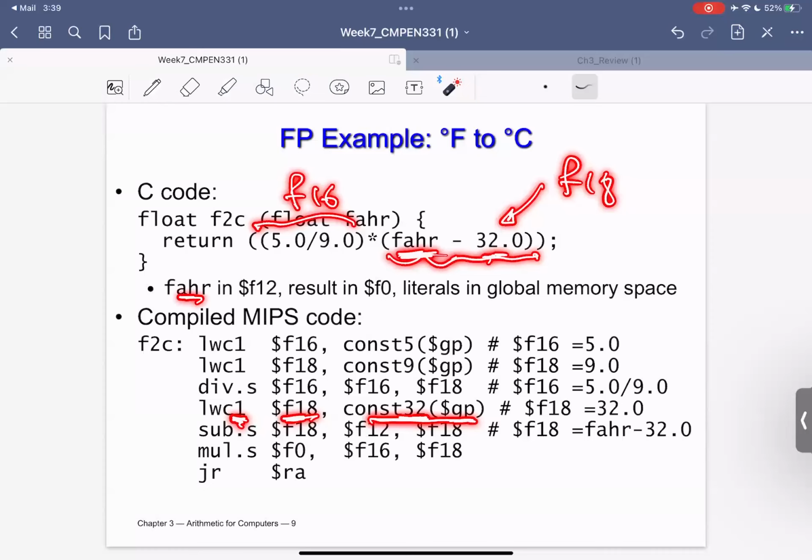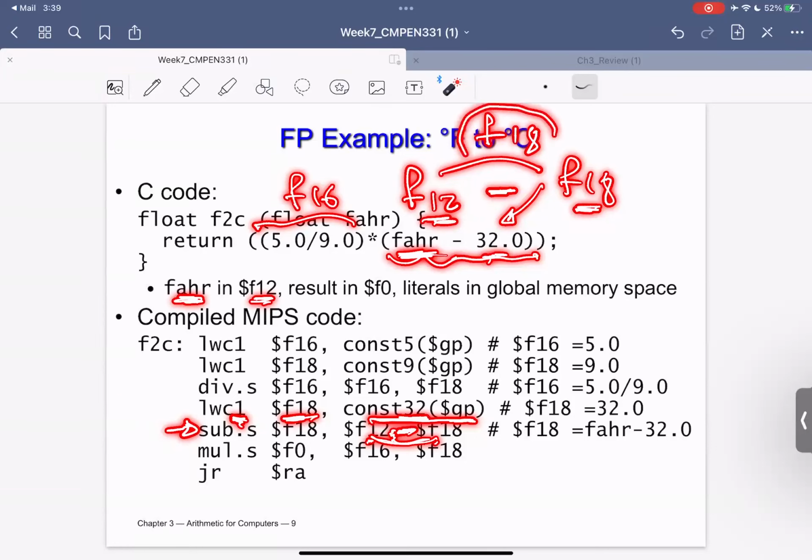Fahrenheit here, as we have given, it is saved in F12. So basically, I would like to subtract F12 minus F18, and this is what exactly I have done here. F12 minus F18, and then put the results in a certain particular register. I can choose different register, or I can override my F18. I can choose that. In this case, we have override F18, so F12 minus F18 is now in F18.